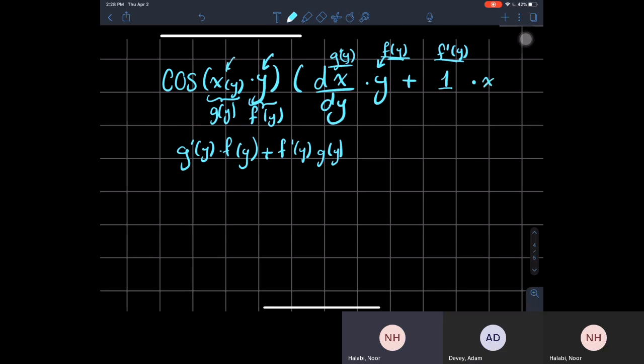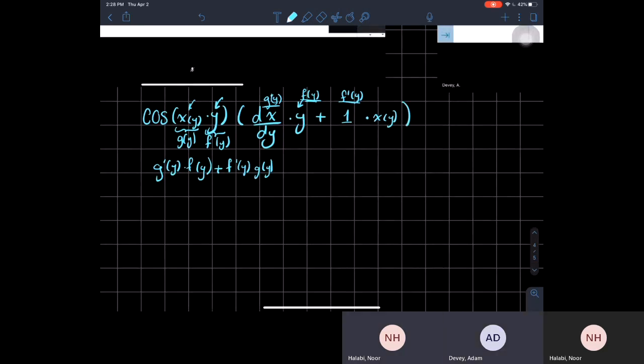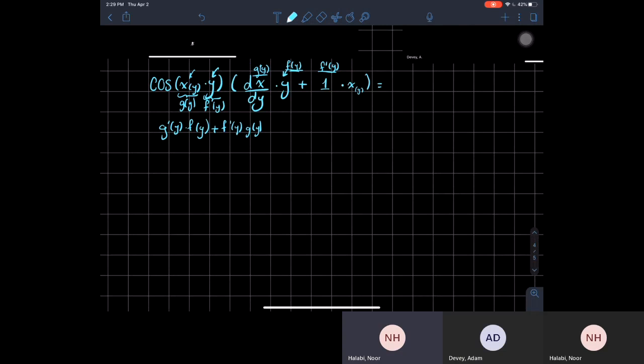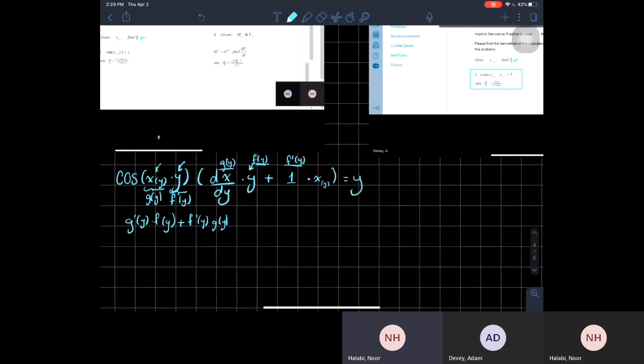So it's just times x of y. Okay? It's not x times y, it's x of y. It was that little y at the bottom. Okay. Yeah. So this is it. So now equals what they said it was equal to, y, right? So what is the derivative of y with respect to y?